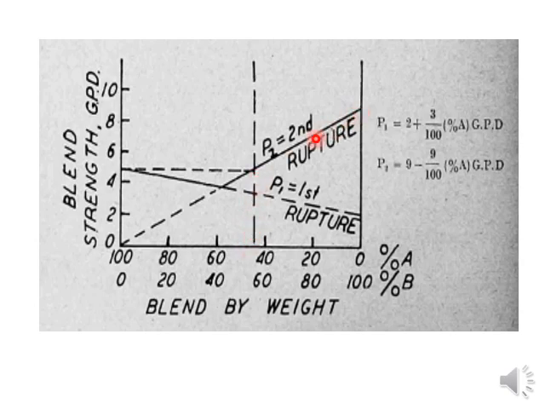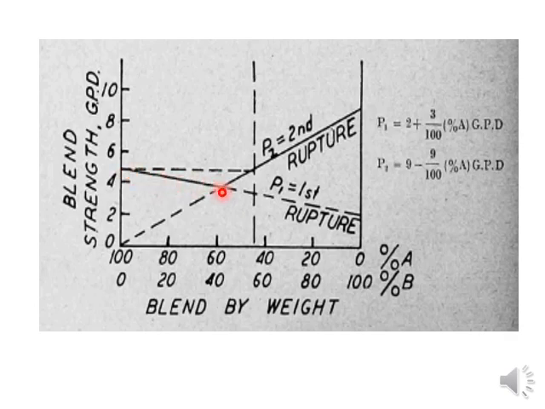So this solid line represents a line, and suppose we are using 100% of fiber B, then the stress will be more than 8, around 9. Earlier we had checked that the tenacity of fiber B is 9, but as we go on adding fiber A, it is getting reduced, and then from here it is increasing slightly.